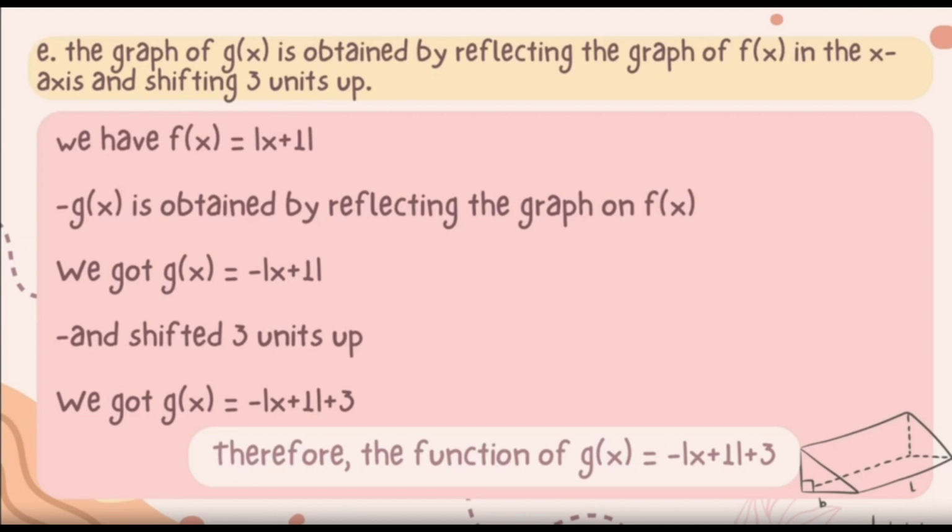So we have f(x) equal to the absolute value of x plus 1. g(x) is obtained by reflecting the graph of f(x), which gives g(x) equal to negative absolute value of x plus 1, and shifting 3 units up, which means we get g(x) equal to negative absolute value of x plus 1, then plus 3.